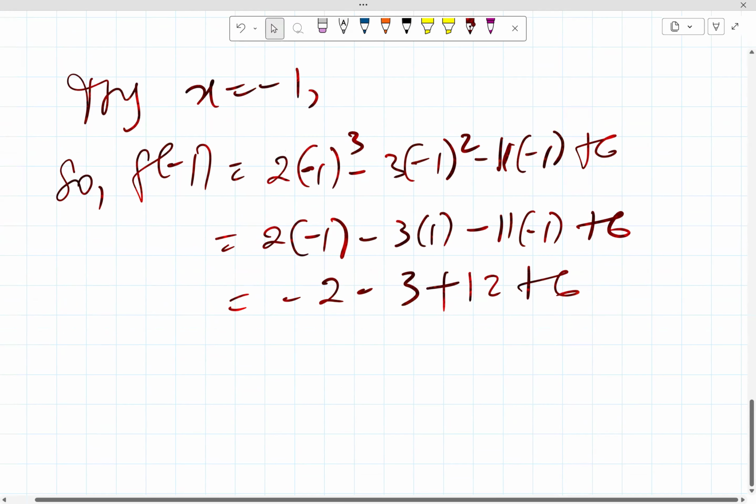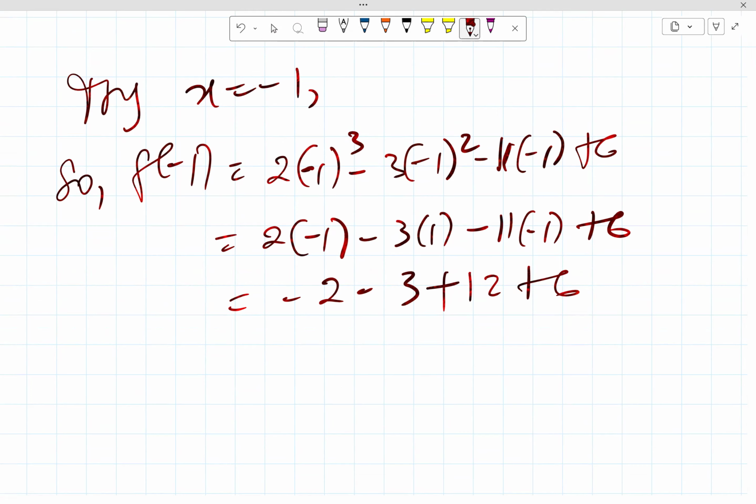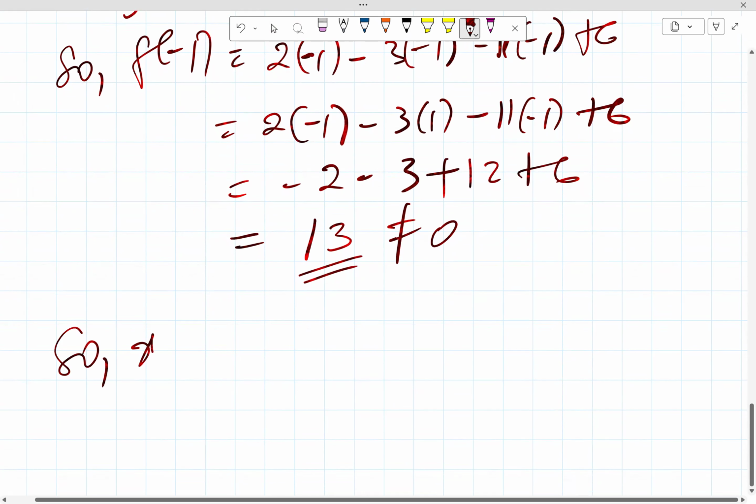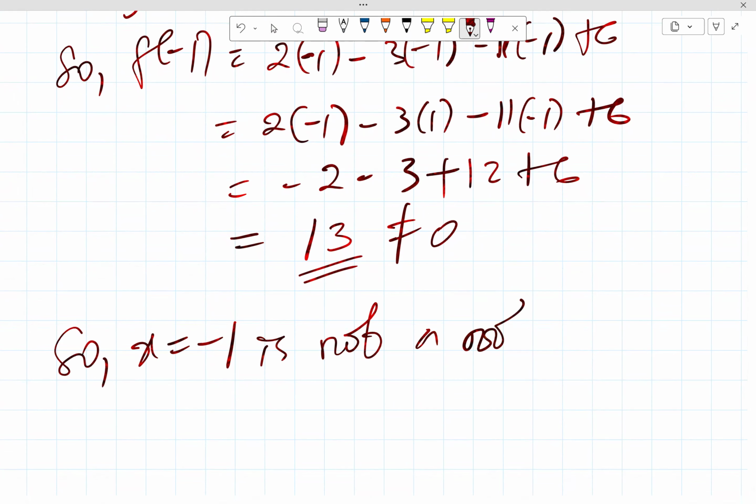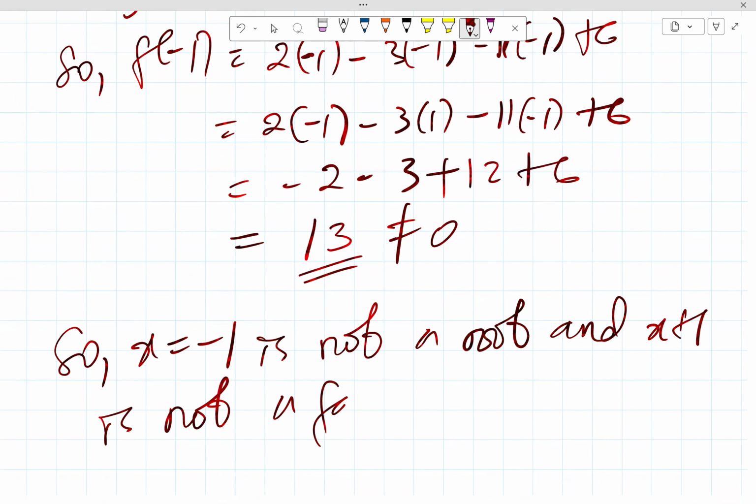Minus 2 minus 3 is minus 5. Minus 5 plus 18 is 13, right? So 18 minus 5 is 13. Again, this is not equal to 0. So x equals minus 1 is not a root, and x plus 1 is not a factor of f of x.